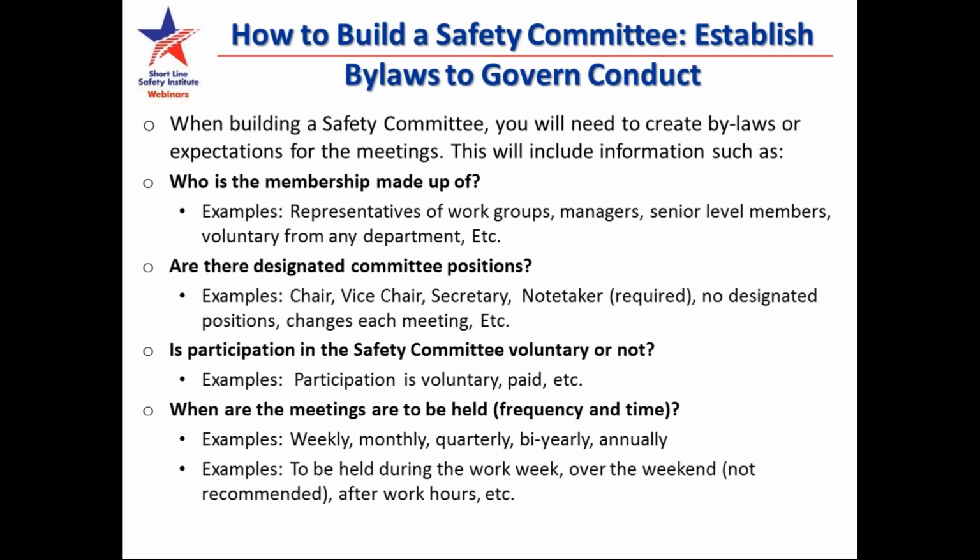If you go biannually or annually, you'll lose track of what's happening. Monthly is optimal. Typically, I would suggest that they be held during the work week, simply because on most short line railroads, weekends, if you work on property at all, are not a very reliable way to get people to participate.